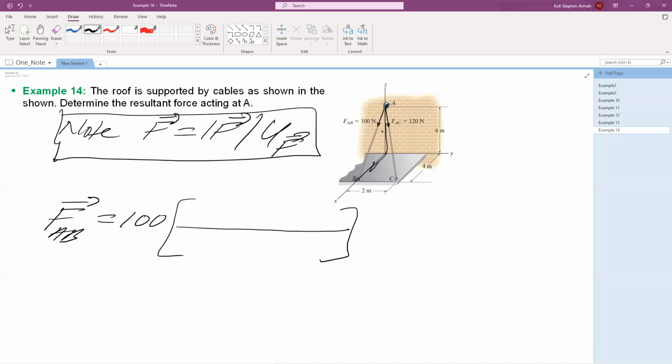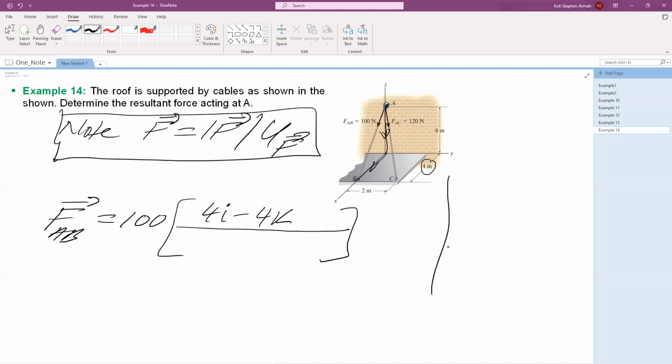Coming down means going down in the Z direction by 4, so negative 4. Then going this way, I'm going 4 in the positive X. So I'll write this as 4I minus 4K, and that's the displacement.